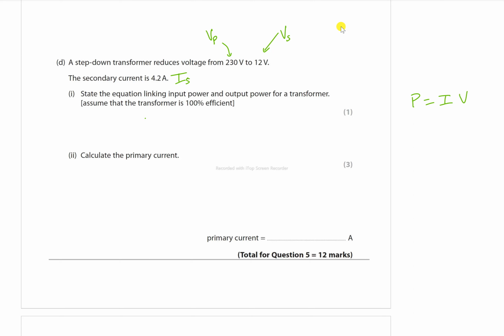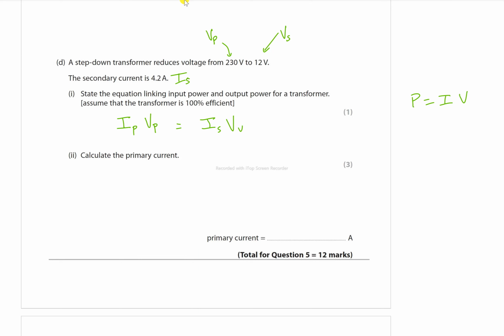Yeah. So the input power will be primary current times primary voltage equals secondary current times secondary voltage.